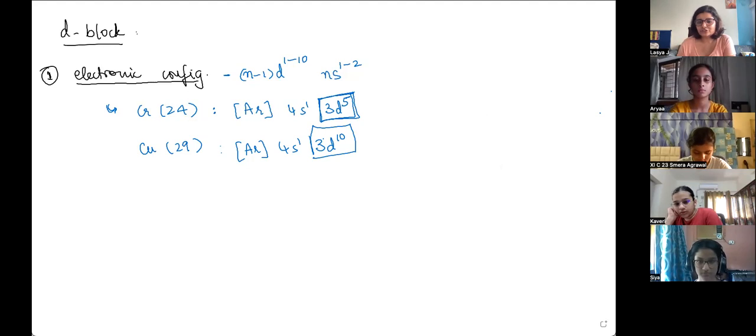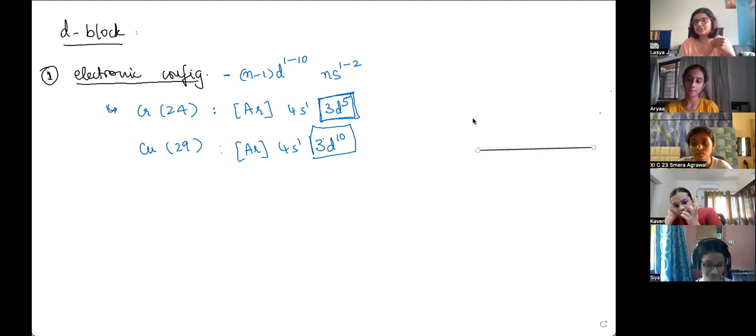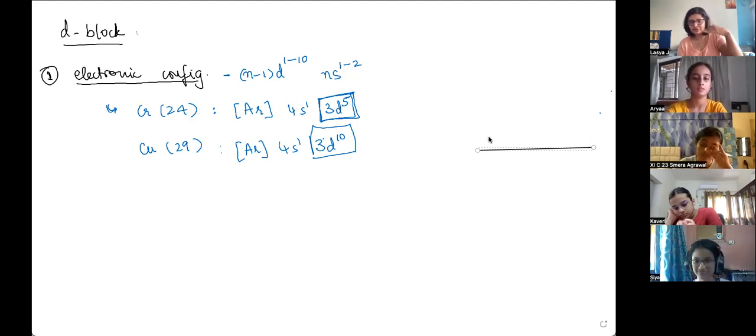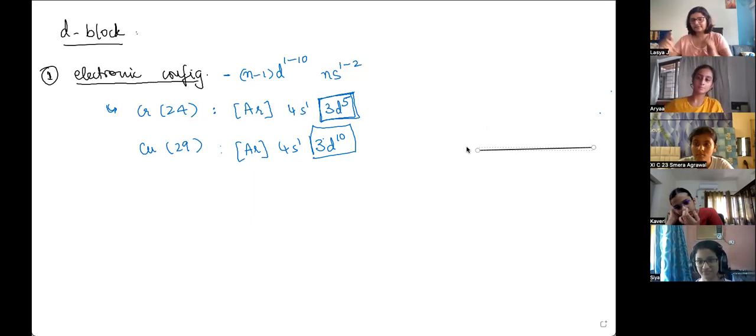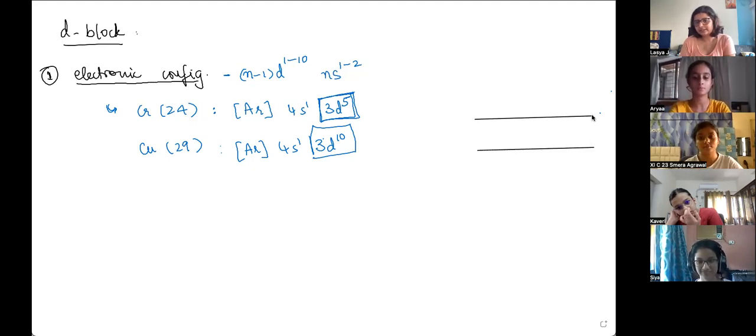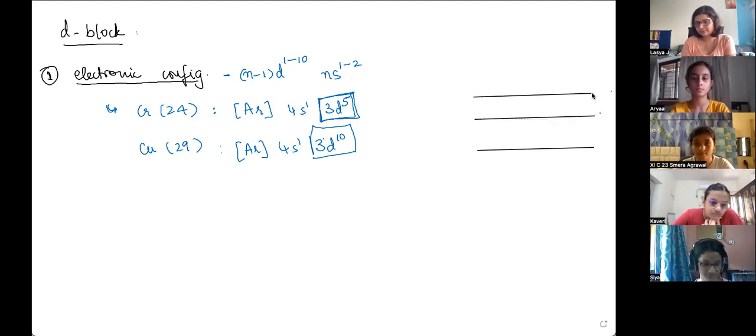So what I want you guys to know at this point is, as you go on to the higher energy levels, the difference between each orbital ka energy level keeps decreasing. It's not a regular trend. So n equal to 1, n equal to 2, let's say there is this much of a jump, n equal to 3 is going to be slightly lower.